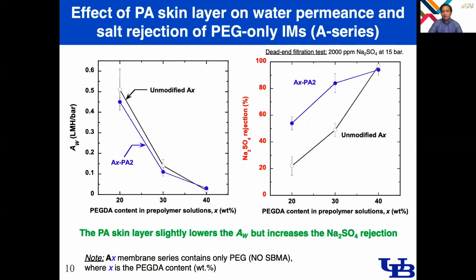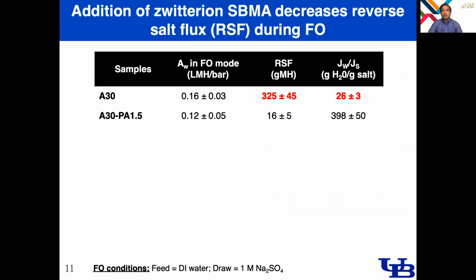Since the impregnated membrane with 30 weight percent polymer composition shows a balance between water permeance and salt rejection, it was chosen for further FO study. This table demonstrates the FO performance of A30 membrane and A30PA1.5 membrane. Both membranes show similar water permeance within the limit of uncertainty.